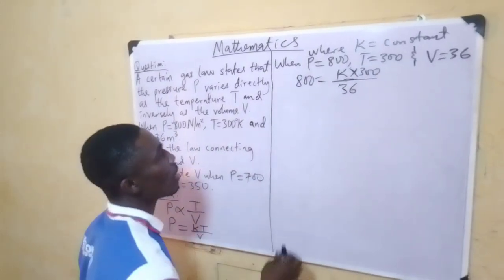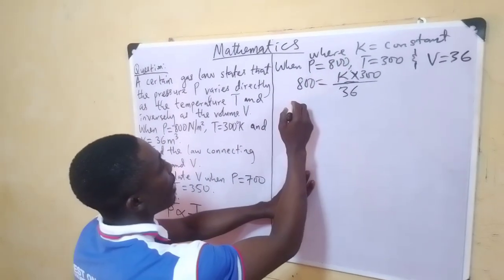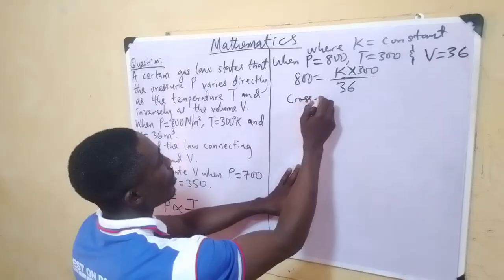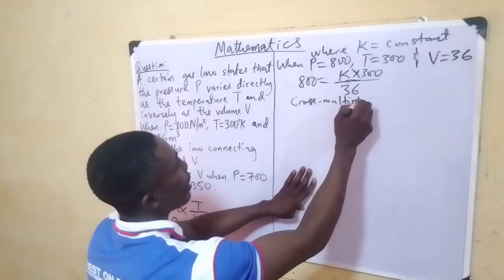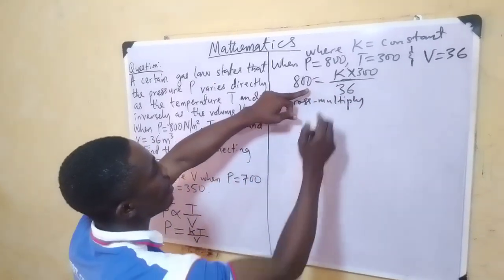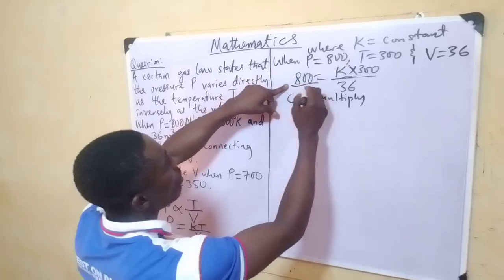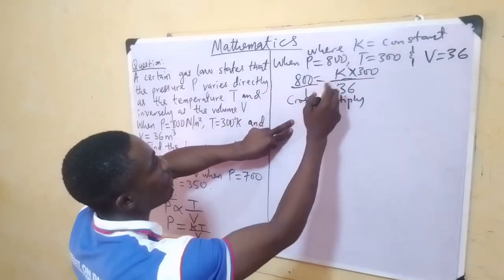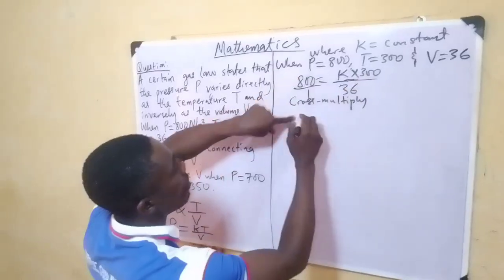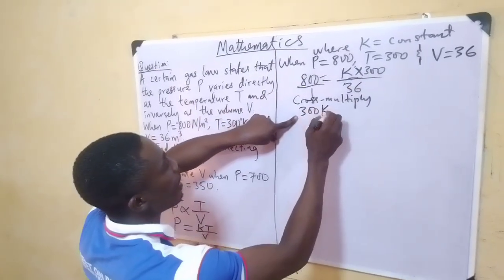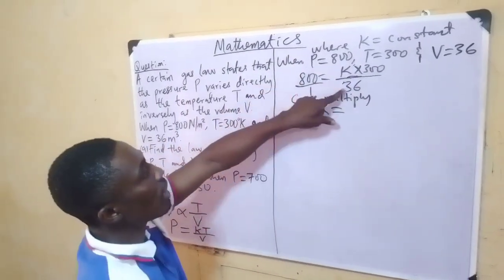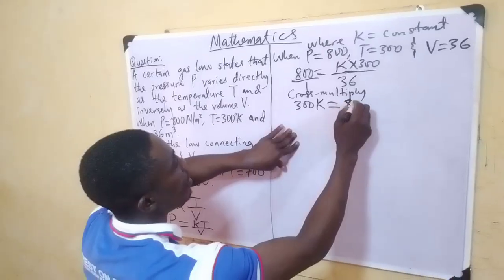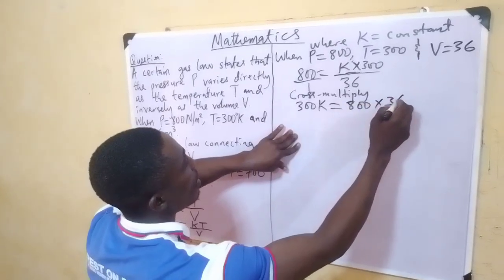If we cross multiply, because K will be over 1, 1 times K times 300 gives us 300K equals 800 times 36.